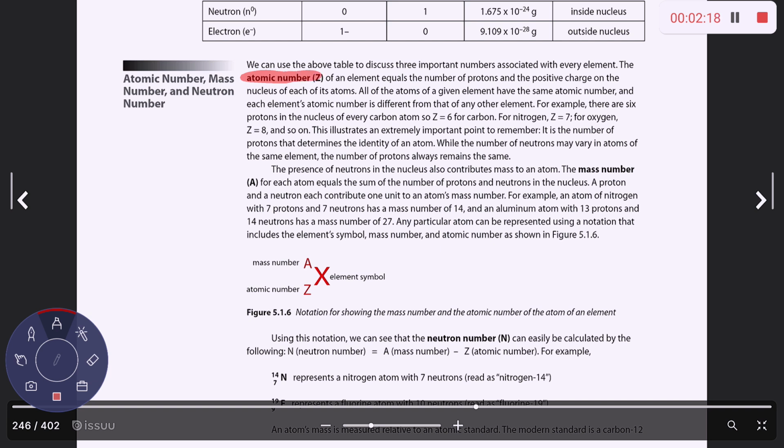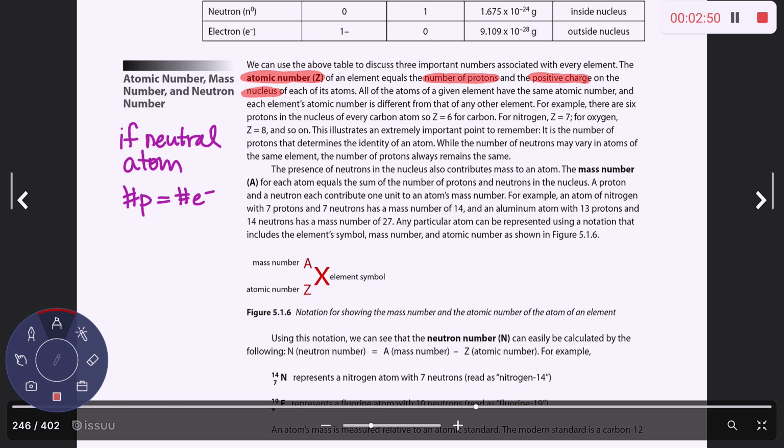So the atomic number is given a variable of Z. This is the same as the number of protons and the positive charge in the nucleus, okay? If you have a neutral atom, the number of protons will equal the number of electrons. I'll show you how to identify if something is neutral or not.